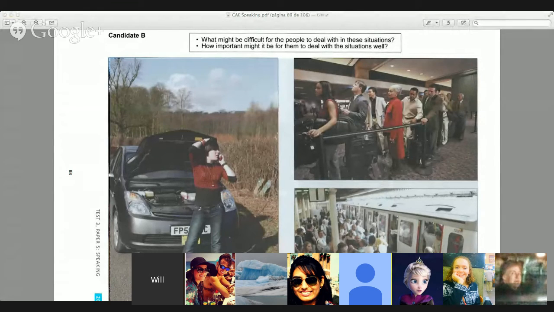These people are trying to get to their house or the direction of their jobs, and they are having problems. In the first picture, the guy is having problems with his car. He's broken down. In the airport, in the second picture, we have problems with the line, and also the crowded train in the third picture.